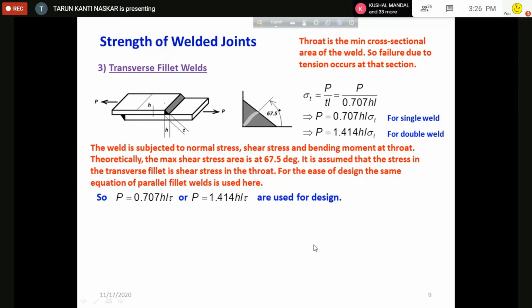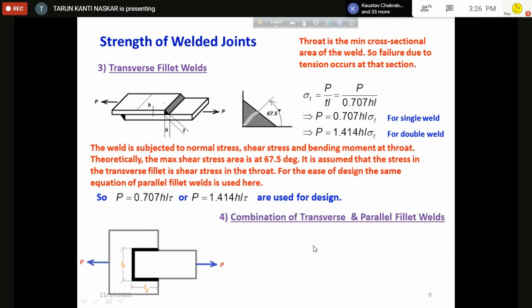Think of it and reply later. So the same equation is used, with 45 degrees instead of 67.5 degrees.